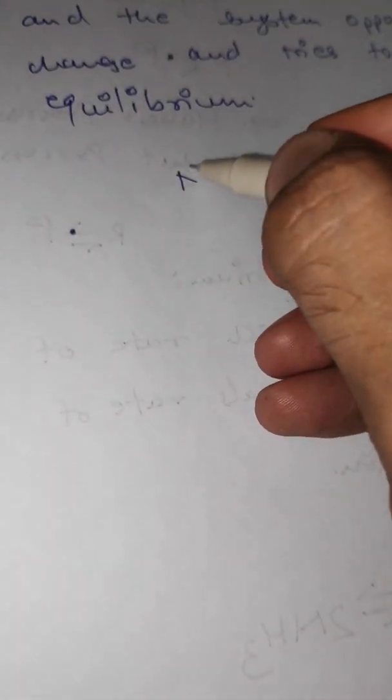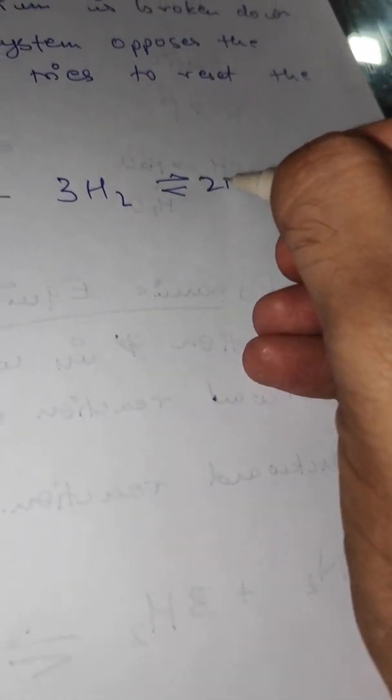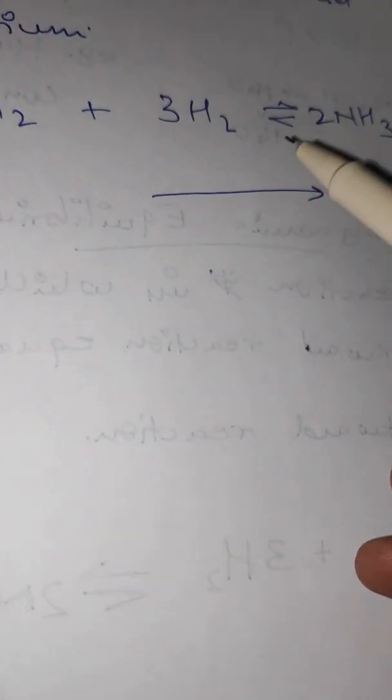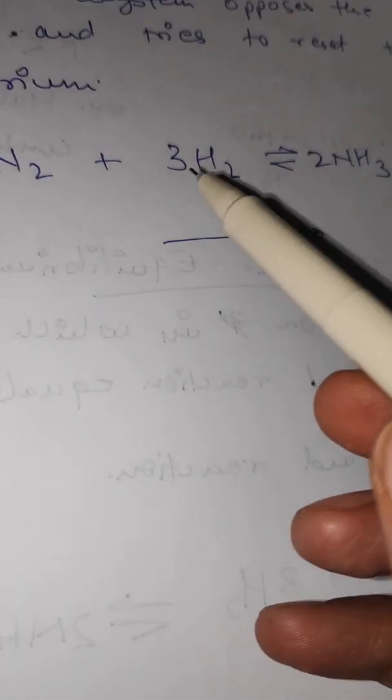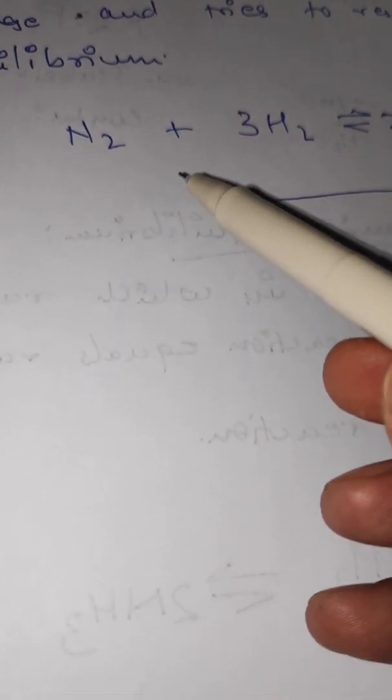If you see this nitrogen and 3 hydrogen and this ammonia formation, this is a reversible reaction. We want the maximum of the product and the minimum of our reactant. We don't want the reactant to be there, but since it is a reversible reaction, when it reaches equilibrium the forward and backward reactions will be equal, so reactants are always going to stay. They are not going to completely get transformed into product.